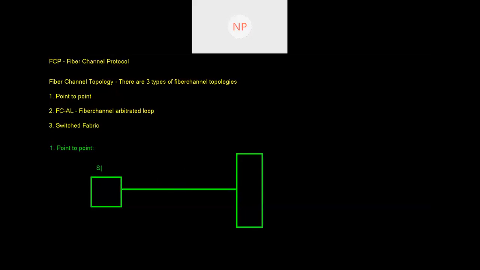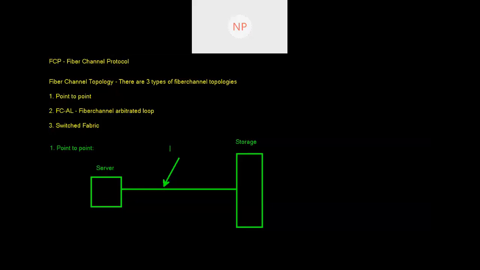Let's assume this is our server and this is our storage, so we don't need any mediator between them. This is just a Fibre Channel cable. We'll connect one end of the Fibre Channel cable to the server HBA. I told you, right, in FCP on the server end we'll use an HBA, and on the storage end we'll use a Fibre Channel adapter.